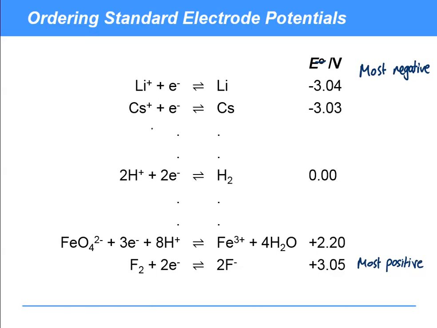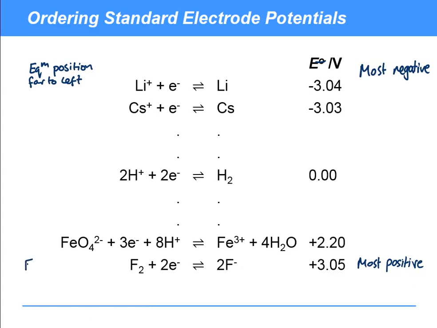Well, it's useful because the position of a species in the series is linked to its oxidizing and reducing power. And in order to understand that, we need to remember that if you have a species which has a very negative standard electrode potential, that means that the equilibrium position is far to the left.